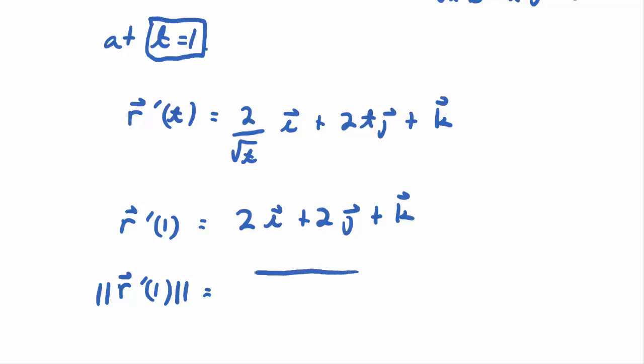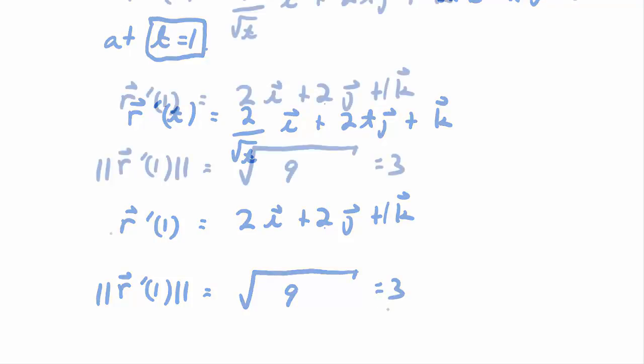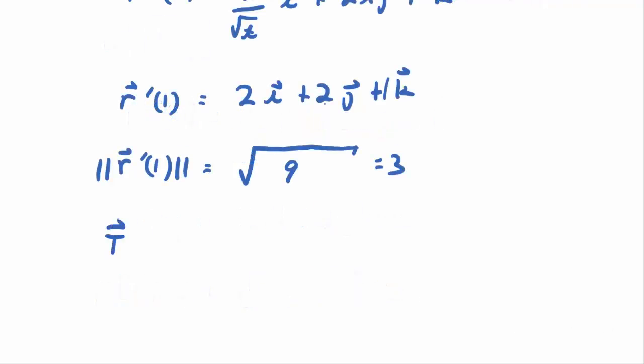This will be the square root of 9, won't it? 2 squared plus 2 squared plus 1 squared, which is 3. So T of 1, the unit tangent vector at t equals 1, is going to be given by 1/3 times r prime of 1.